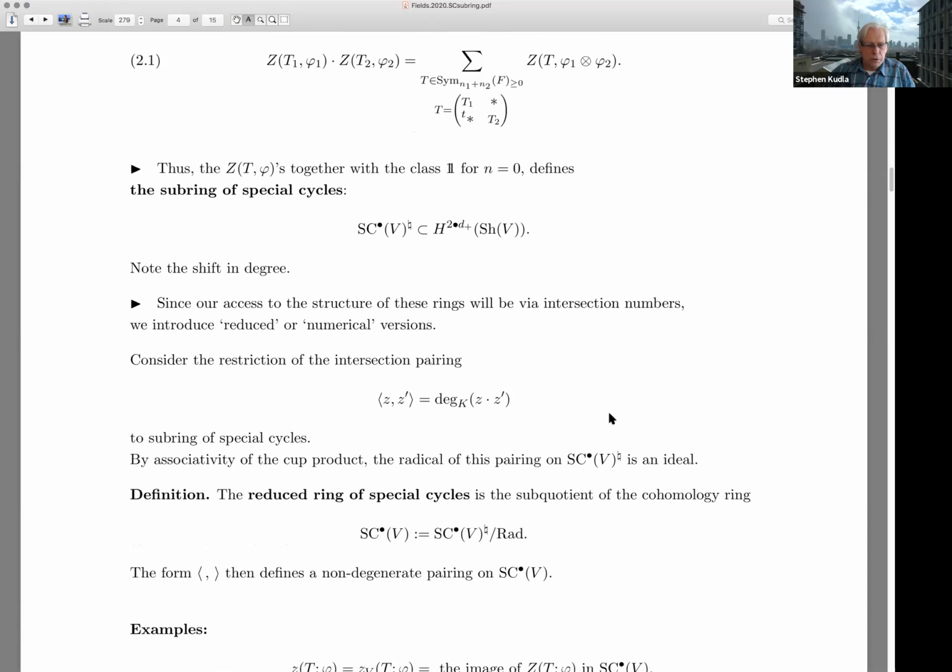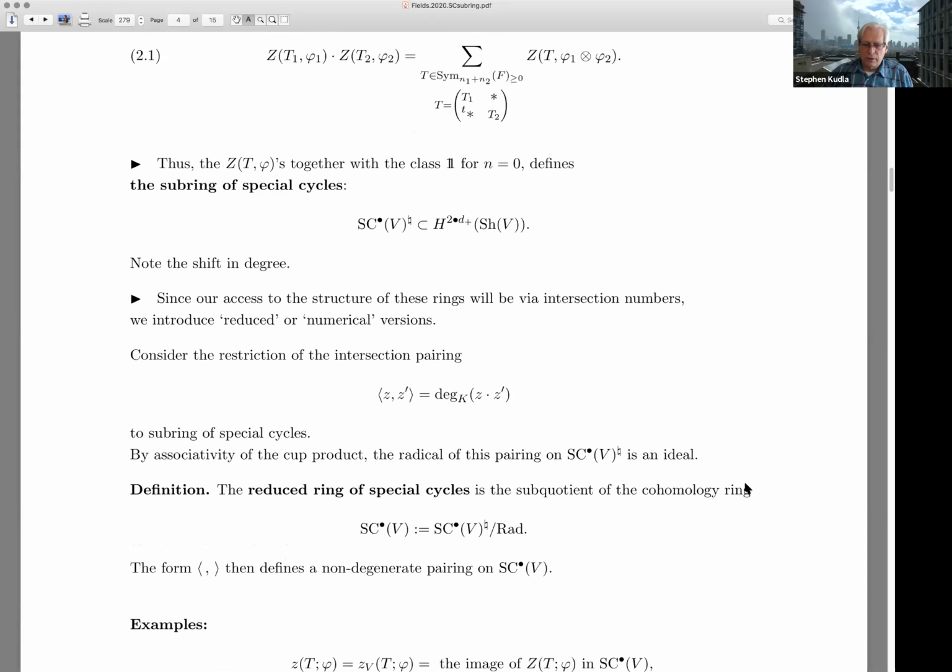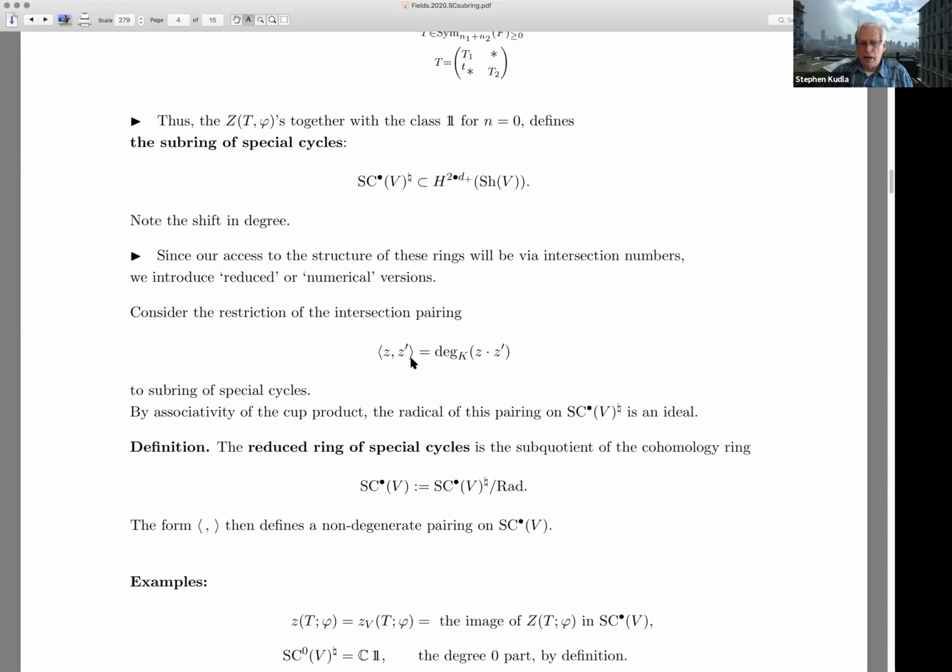So what you can do is of course we have this pairing, which I defined earlier. You take the cup product of two classes, followed by the degree. And I restrict this pairing to this subring of special cycles. And if you think about it, the radical of this pairing, when restricted here, will be an ideal in this ring, okay?